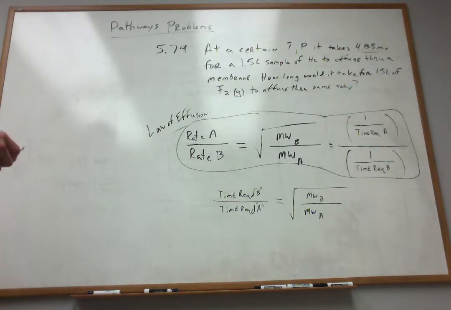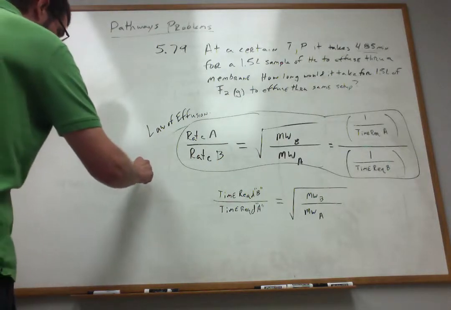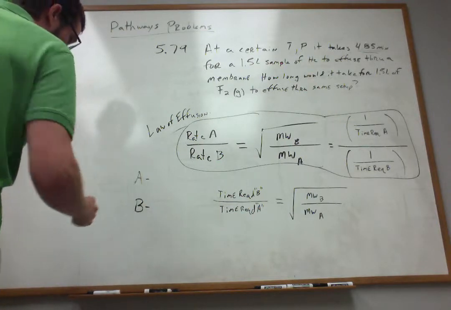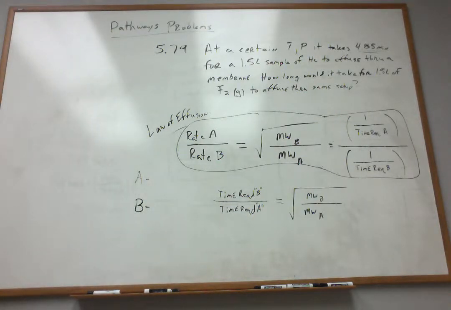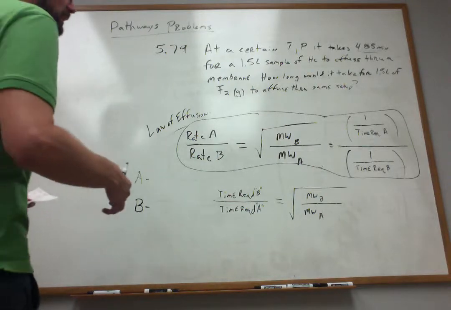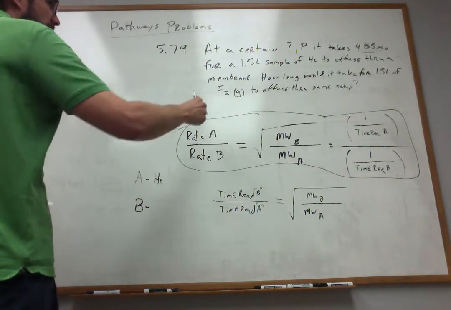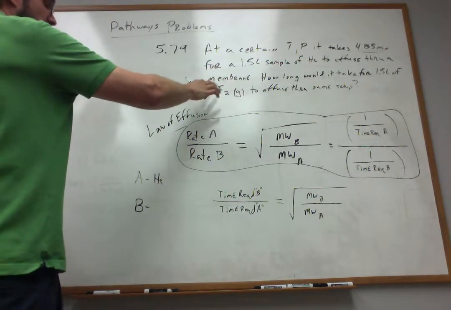So what I would like to do is first be pretty careful about what I define as which substance, A and B, okay? And the reason I want to do that is so I don't confuse myself. So I'm going to define helium as substance A, because that's one of my gases in the problem.